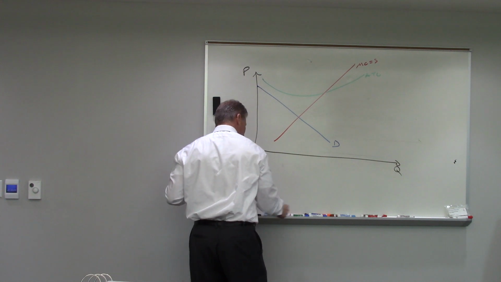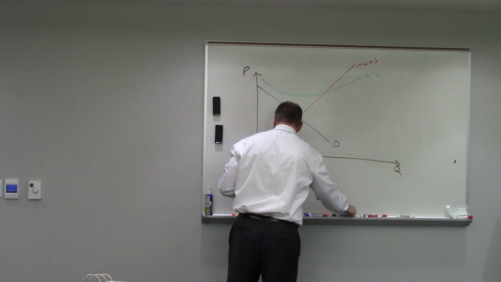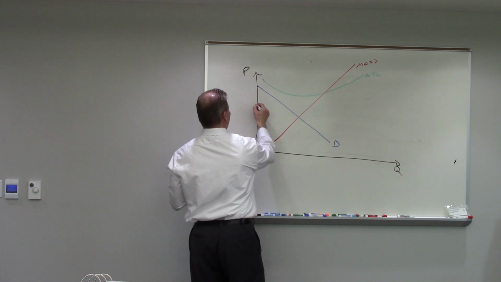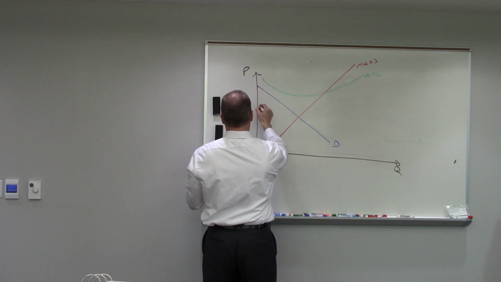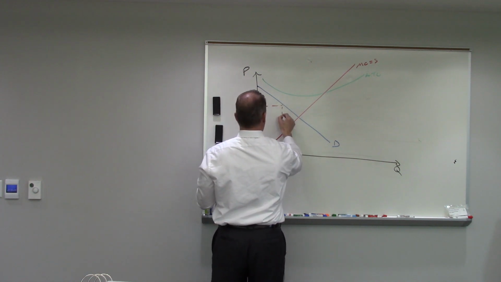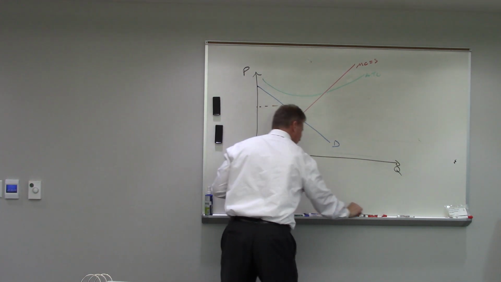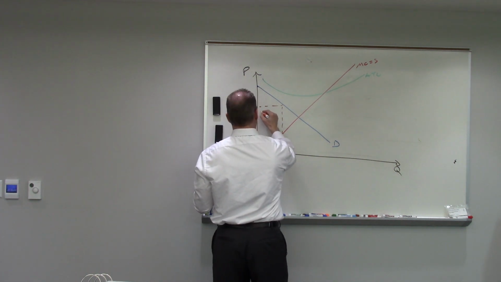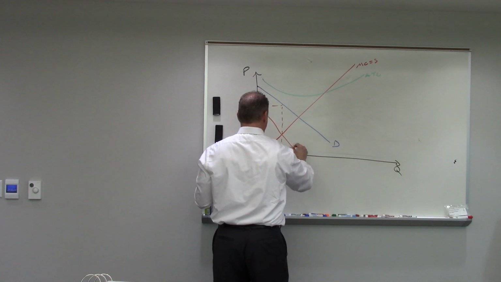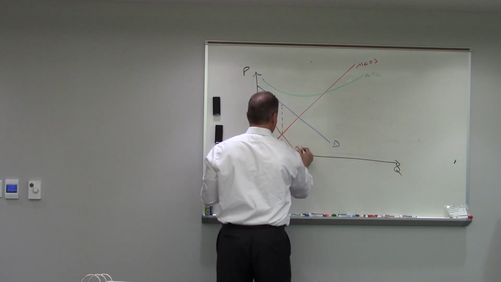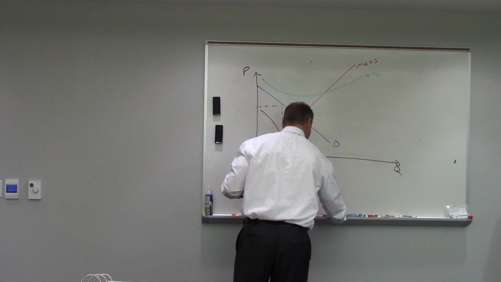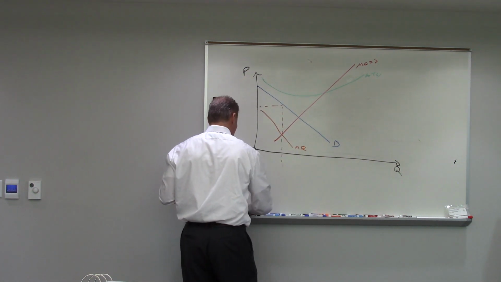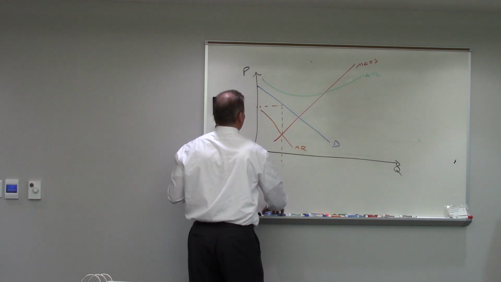Let's switch things up a little bit. Go with a little light brown here. Let's go with an orange. Pretend that's a straight line, of course. And let's go a little light blue here.